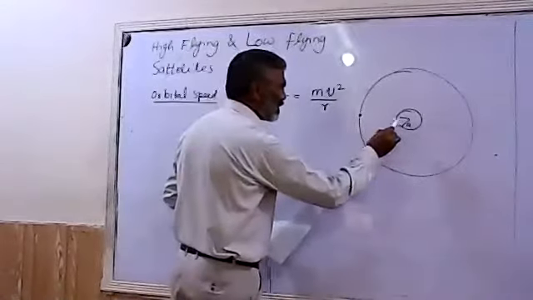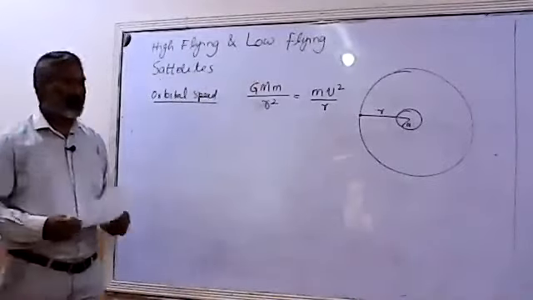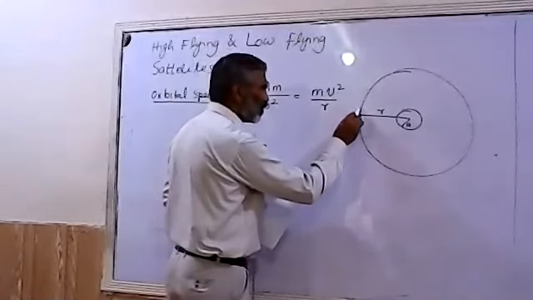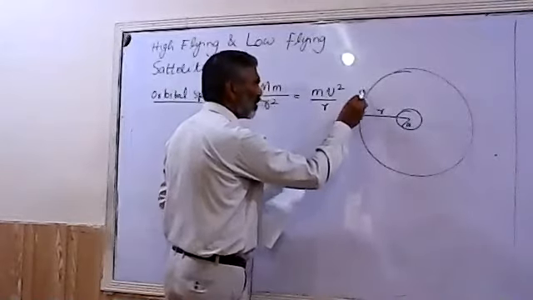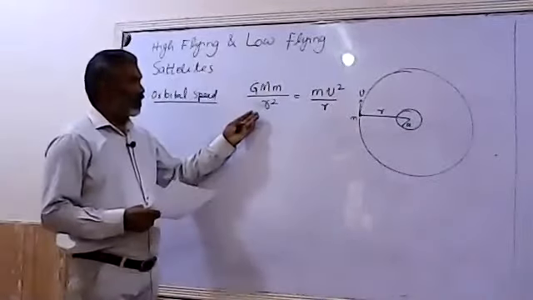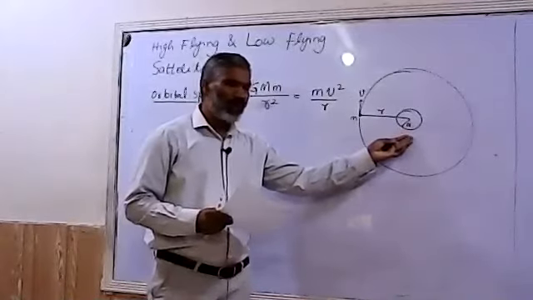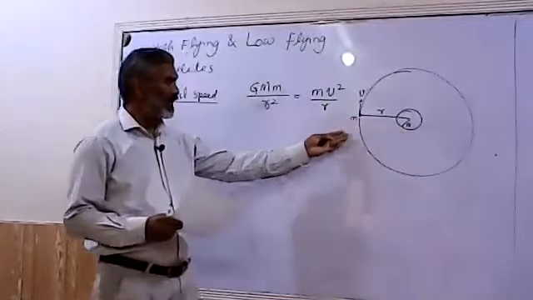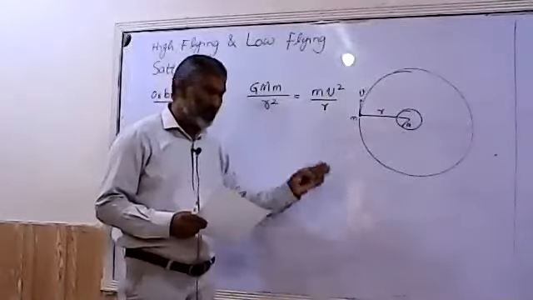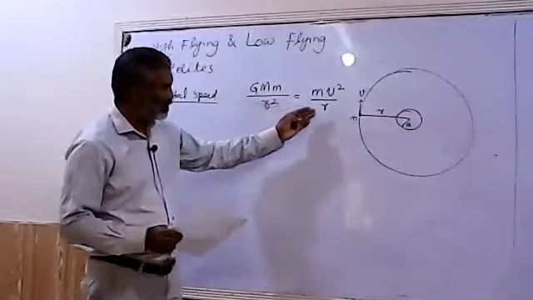And this is the radius of the orbit in which the satellite of mass m is moving with orbital speed v. So the net force that the planet is exerting on the satellite of mass m is this, and this force is playing the role of centripetal force.